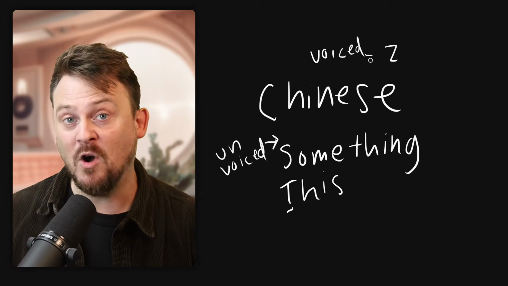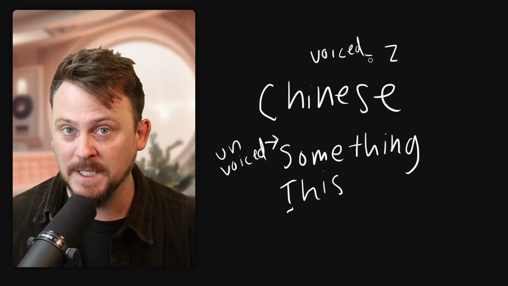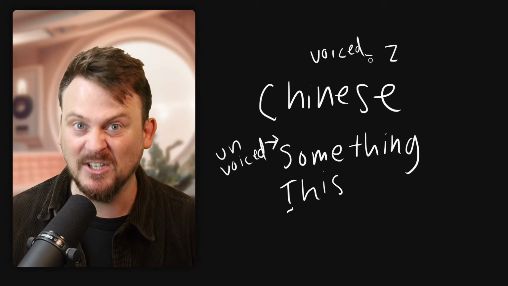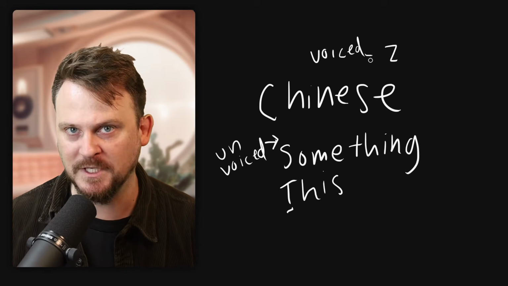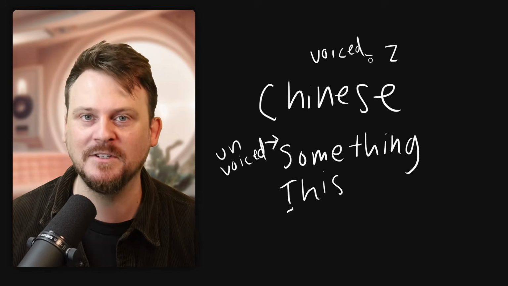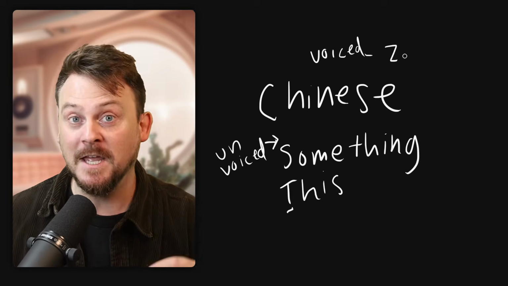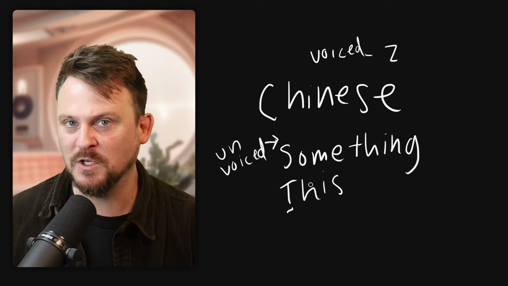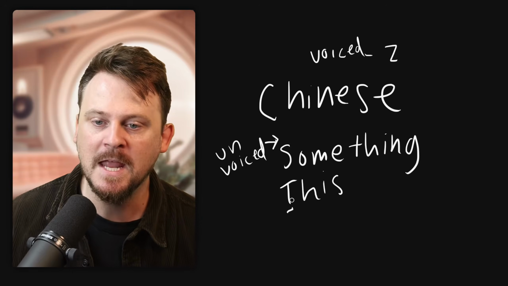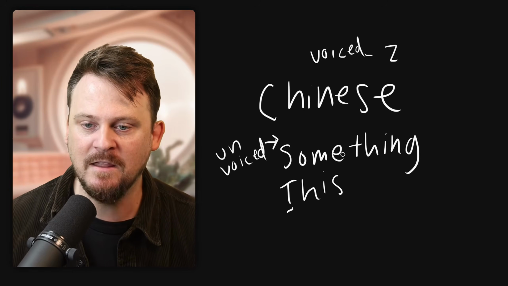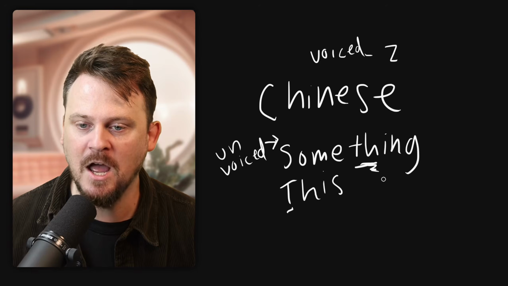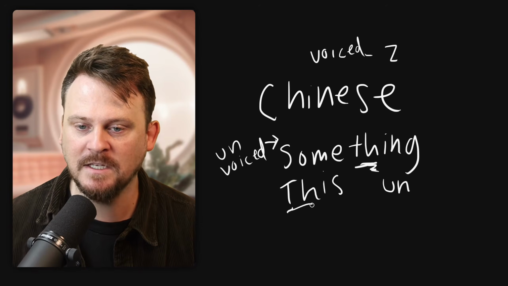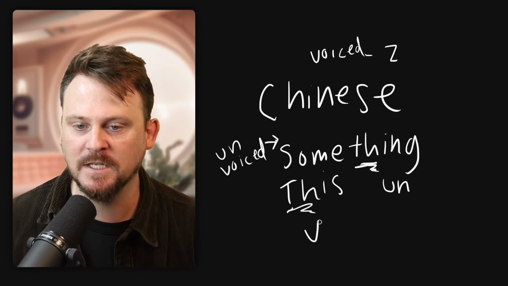Now, the TH sound also has voiced and unvoiced. TH has a special sound, which is T, like Thomas, for example. Thomas. But it has also this voiced and unvoiced sound, which is the most common. These two are the most common. Now, in this case, it's unvoiced, and in this case, it's voiced.